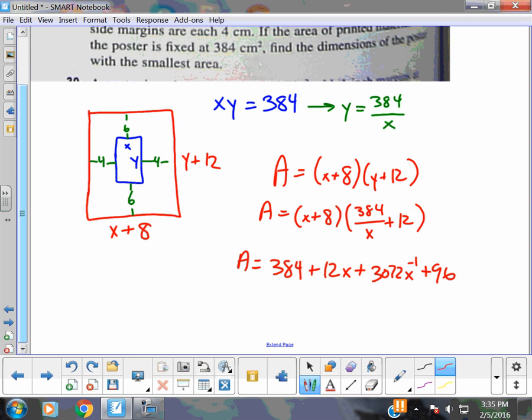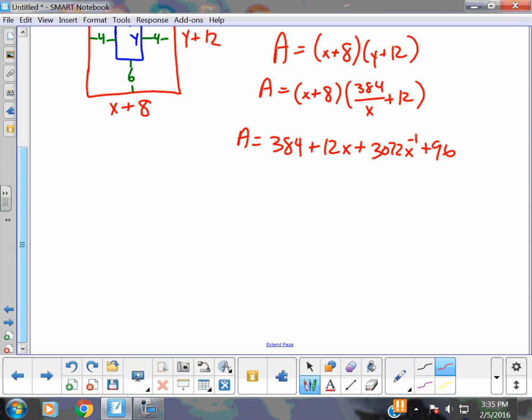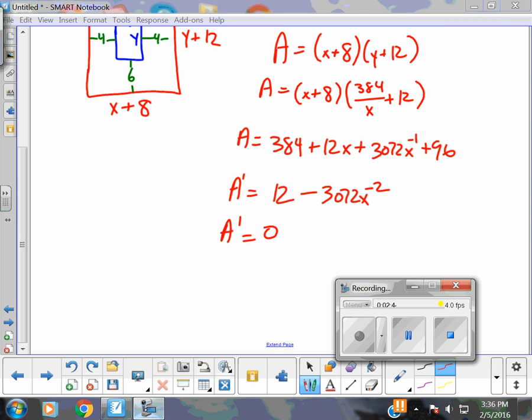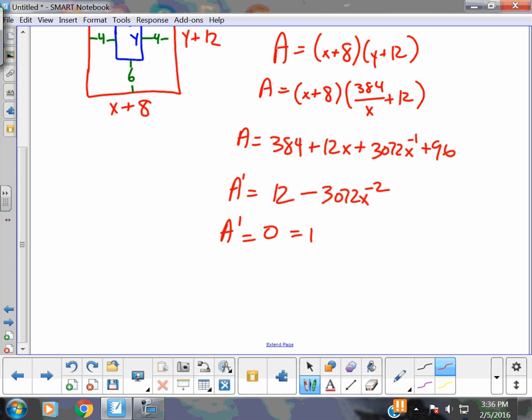So I'm just going to take the derivative of A, because I know the derivative of 384 and 96 are going to be 0. So A prime is going to be 12 minus 3072X to the negative 2. And I want to optimize, so I'm going to set A prime equal to 0. Now, I'm going to have to get a calculator. And when I get my calculator here, I got some math to do.